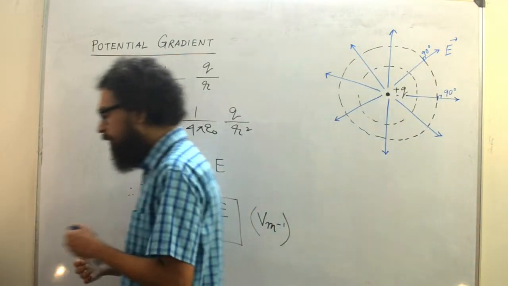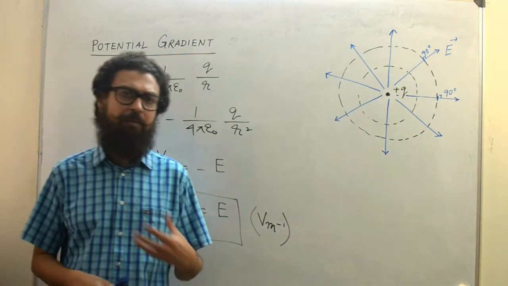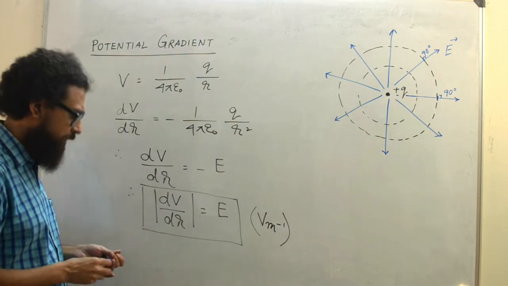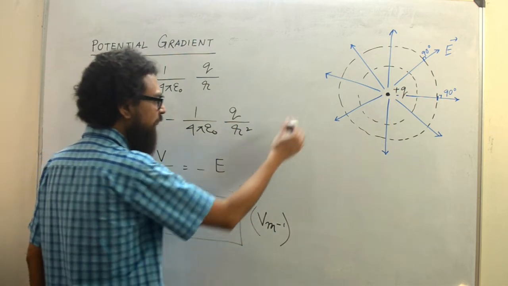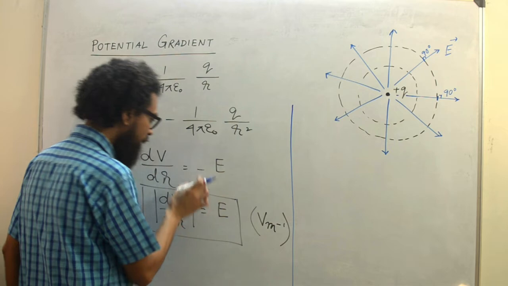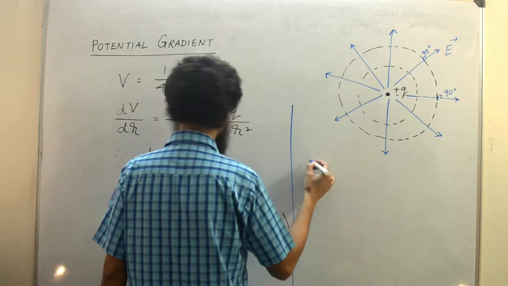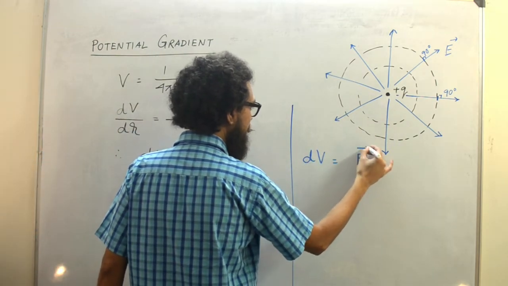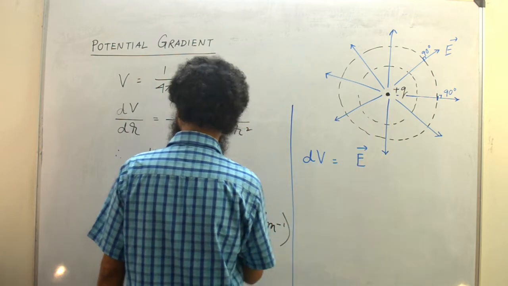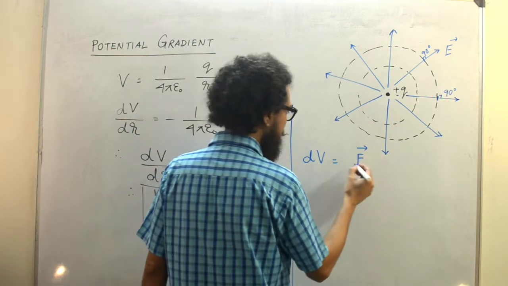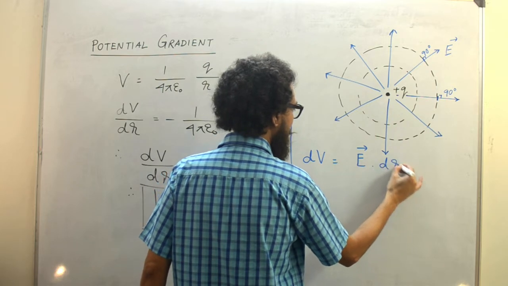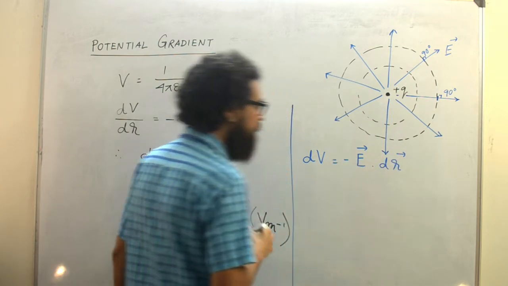Now let us move into the concept of equipotential surface, and before moving into that, I will rewrite this expression in a different form. Okay, let's check it out. If I write dV is equal to E dr, the negative sign is there.